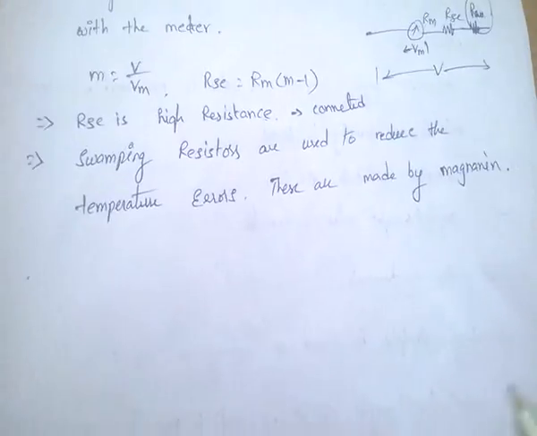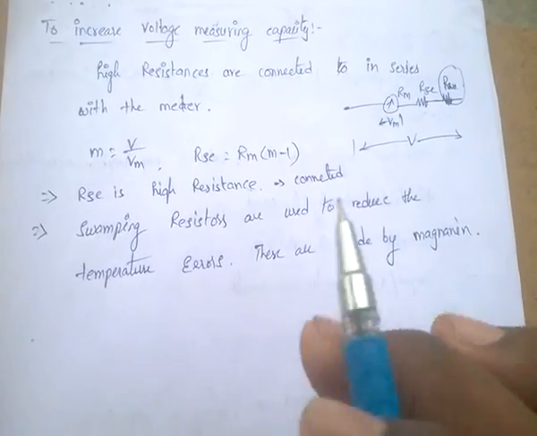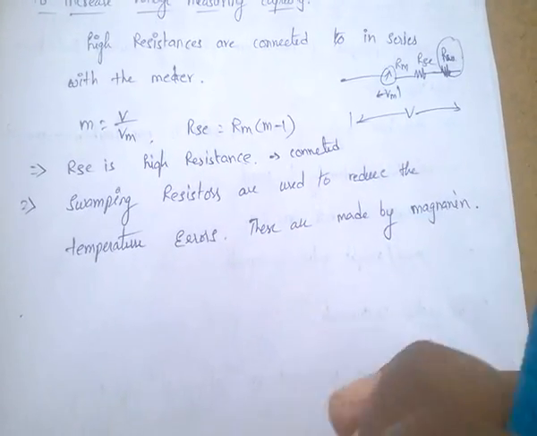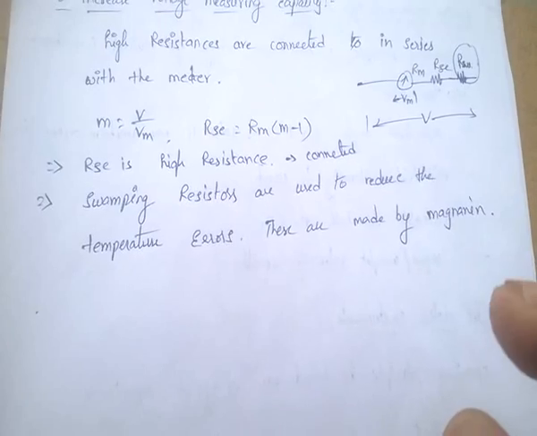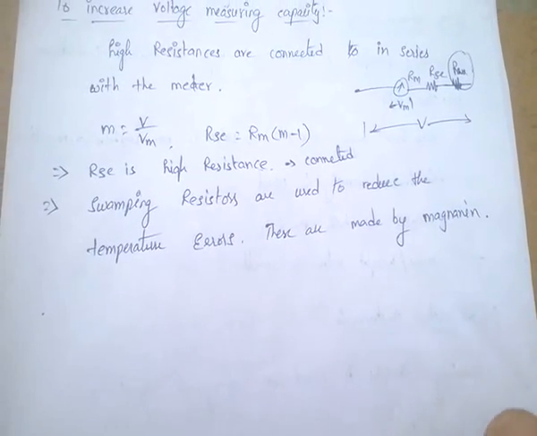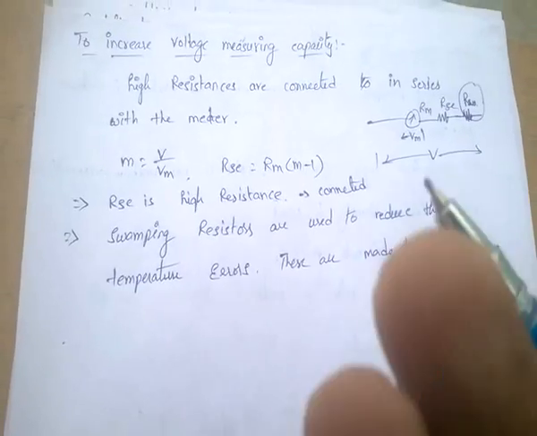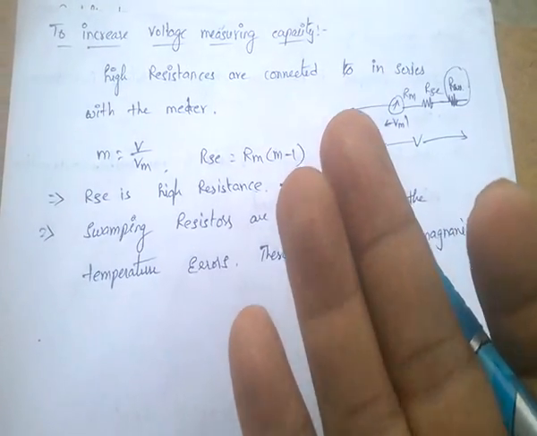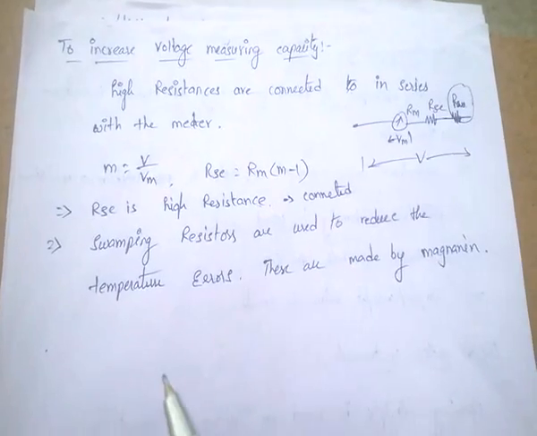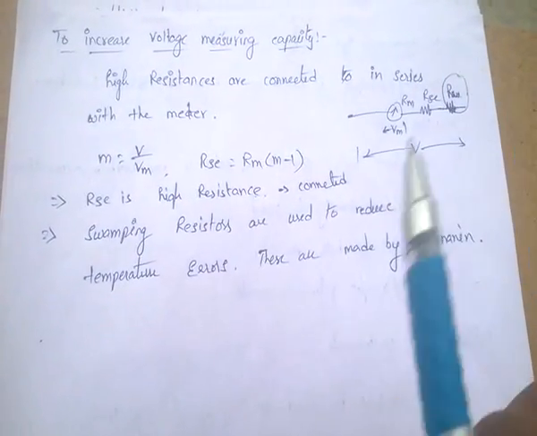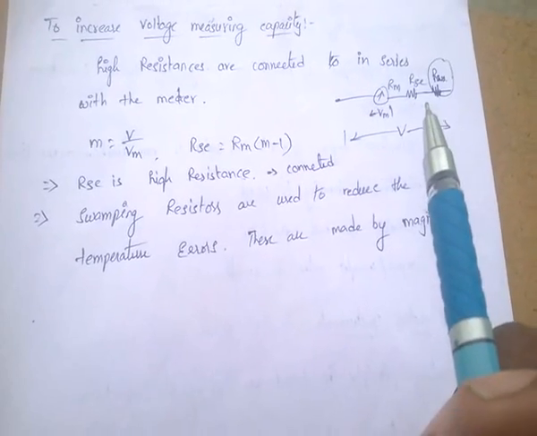Once again, to increase the current measuring capacity, we use shunts. The shunt resistance RSH equals Rm by m minus 1, where m equals I by Im. To increase the voltage measuring capacity, series resistances are connected, which are nothing but high resistances.